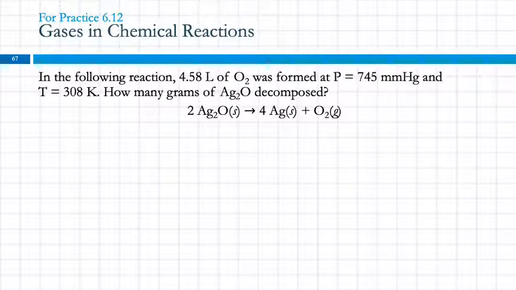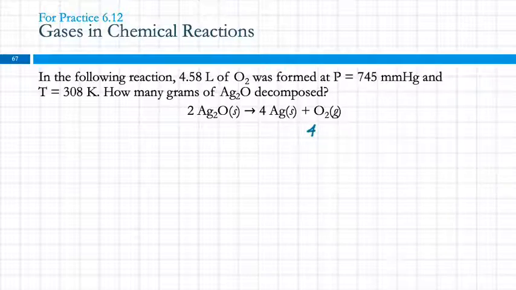So in the following reaction, 4.58 liters of oxygen was formed at pressure equals 745 millimeters of mercury and temperature equals 308 Kelvin. How many grams of Ag2O decomposed? Well, I'm told that there's 4.58 liters of oxygen.